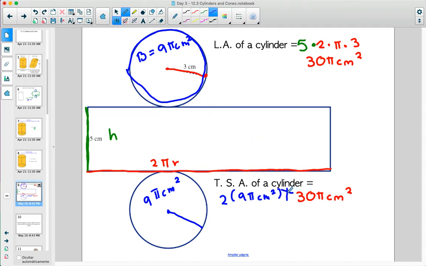So 18 plus 30. Notice how this is 18 pi plus 30 pi. That's why we can add the two coefficients, which are the numbers in front. That's going to give us 48 pi centimeters squared. And that is the total surface area of this cylinder with these dimensions.